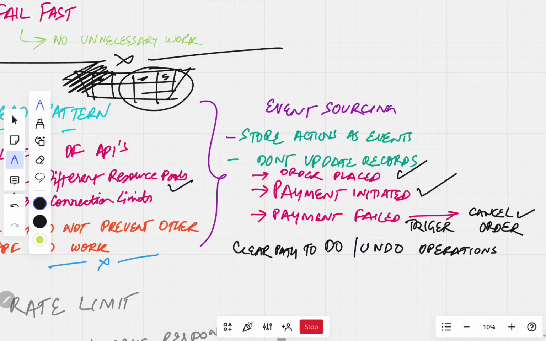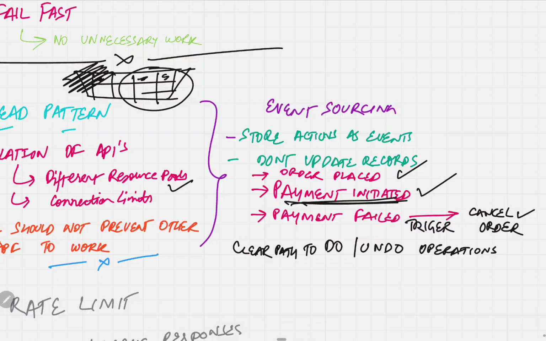So it is separate. Even if the payment succeeded, we will still have the entry 'payment initiated'. So either payment initiated went to payment failed or payment successful. If it failed, we'll have a mechanism to identify it and replay the next events. So this is event sourcing.